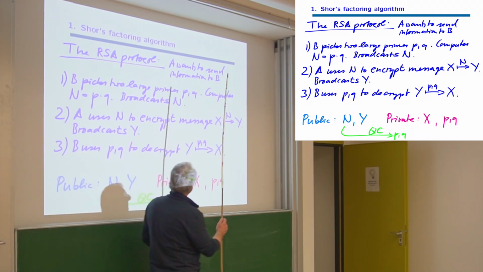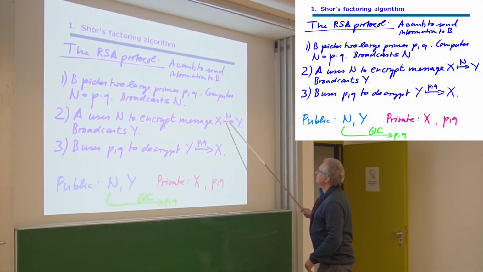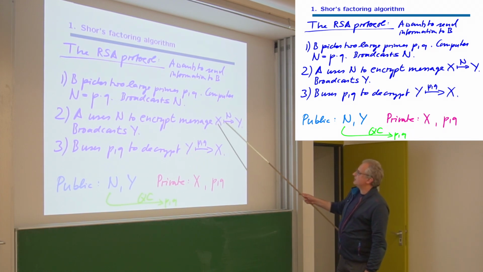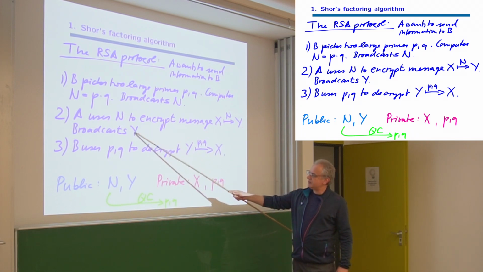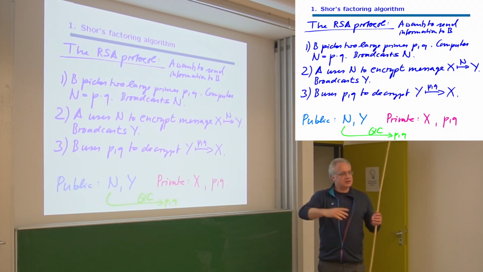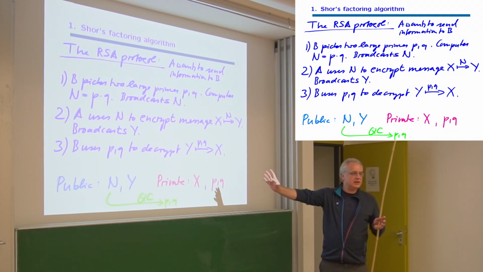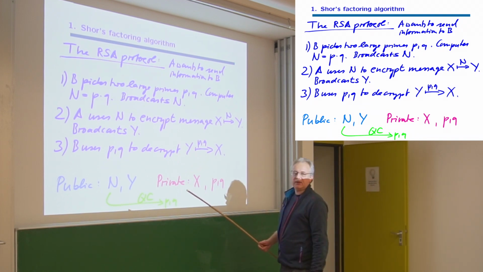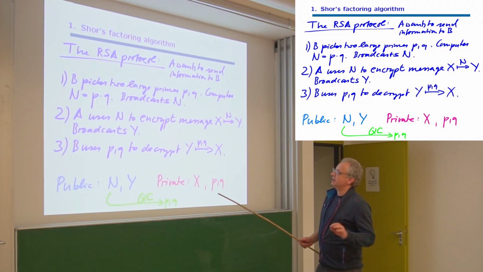Now the sender uses this product n to encrypt a message. There is a message and there is an encryption map, which is computationally efficient, that gets the encrypted message out of the clear message, and that encrypted message is also broadcast, potentially to the entire world. Nobody can be excluded from receiving it, and the protocol doesn't require it.